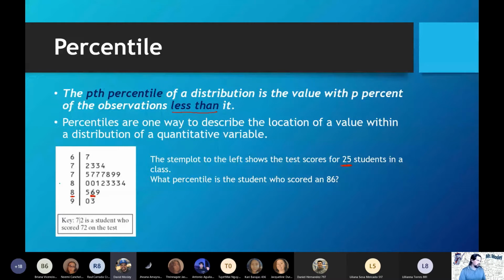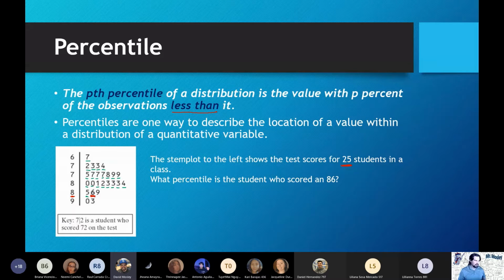So we'll count. We have 1, 2, 3, 4, 5, 6, 7, 8, 9, 10, 11, 12, 13, 14, 15, 16, 17, 18, 19, 20, and 21, and that's where we stop. 86 does not count because 86 is not less than 86.